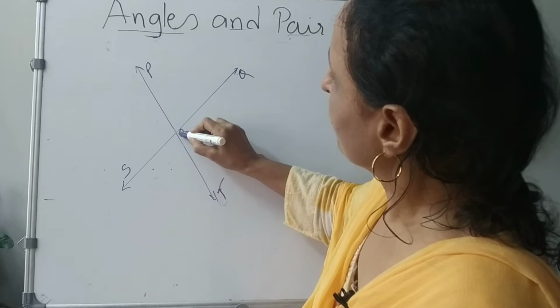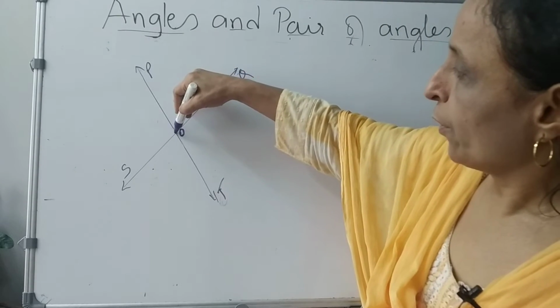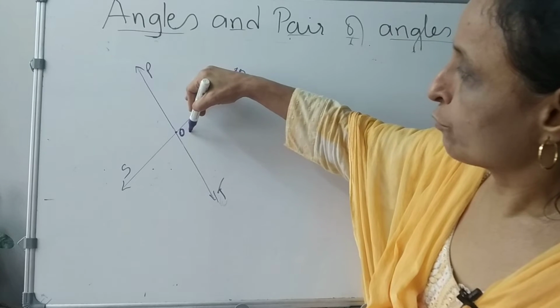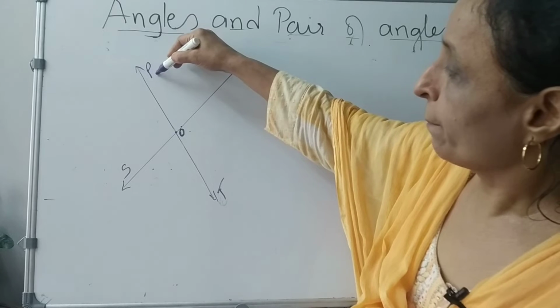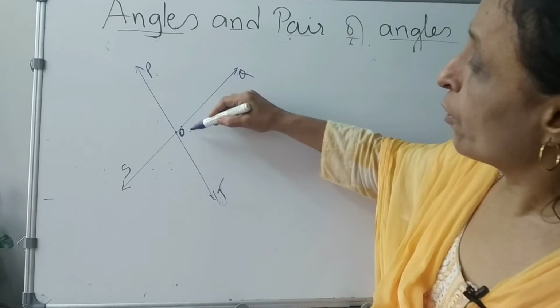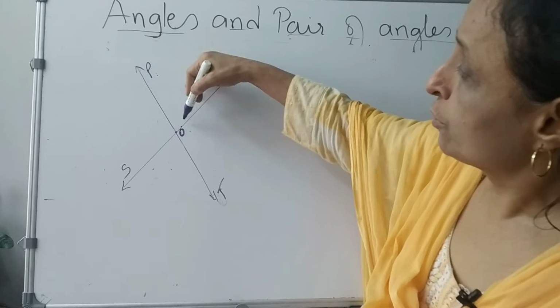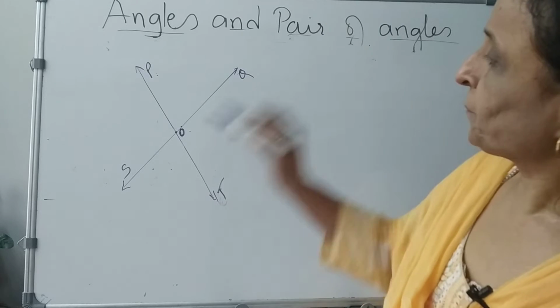Now let this origin be O. So now this is the point of origin, that is O, and these are the rays. This is OP, OT. These are opposite rays. These two rays are opposite, they form a line.